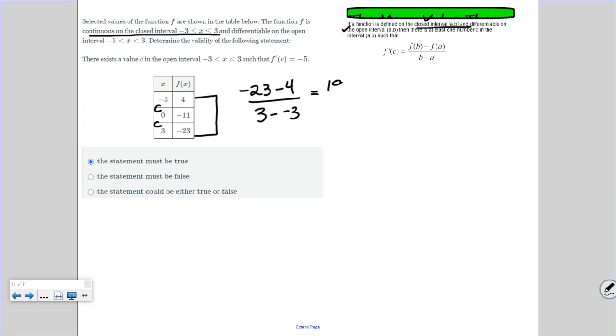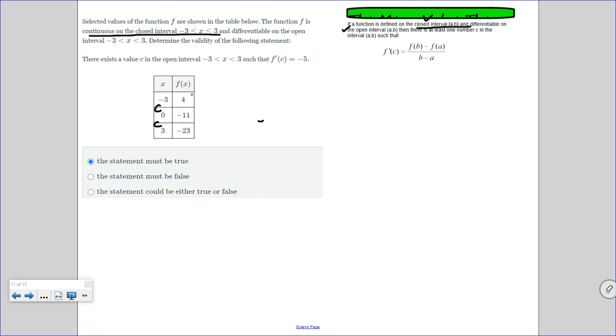Which is, -23 minus 4, sorry, -27 over 6. I'm getting -4.5. Okay, well, the slope between the 2 endpoints is -4.5, which is not -5, but maybe there's another place where the slope would be equal to -5.